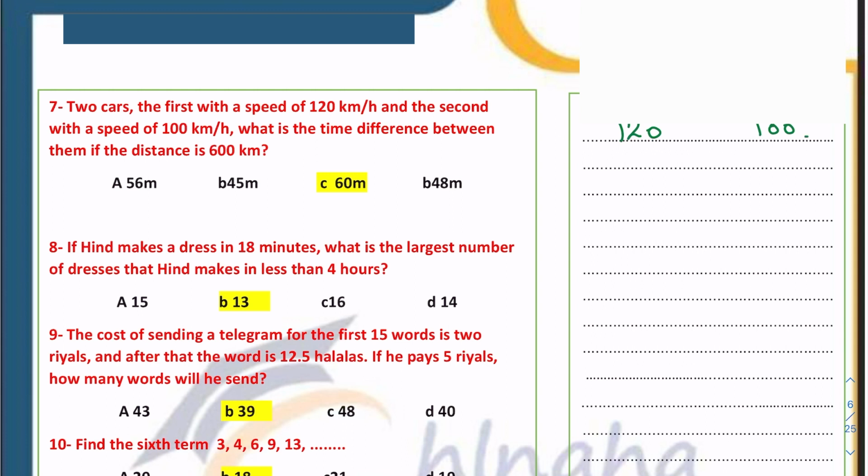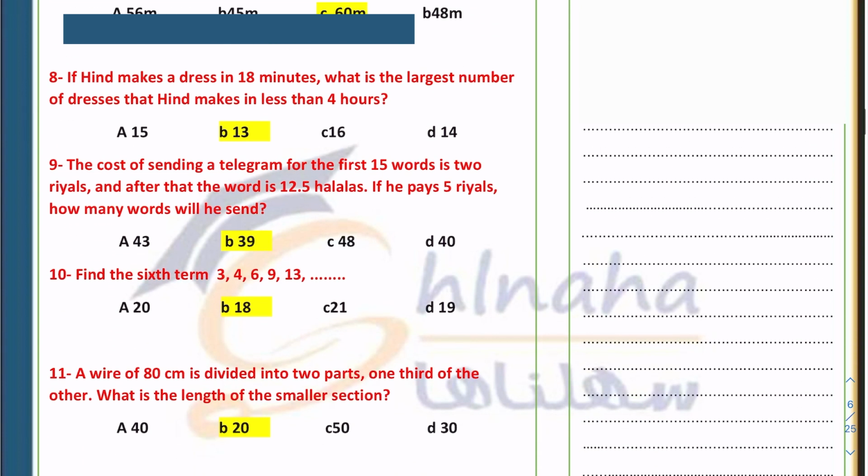The second one takes the distance, I will multiply by 6, so it takes 6 hours. But the first one takes 5 hours, because 5 multiplied by 120 will be 600. The difference between 6 hours and 5 hours will be 1 hour, and 1 hour equals 60 minutes. Let's take the next question, which is 8.